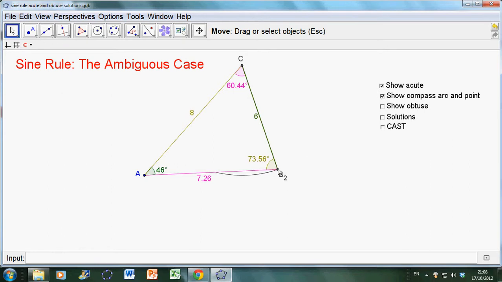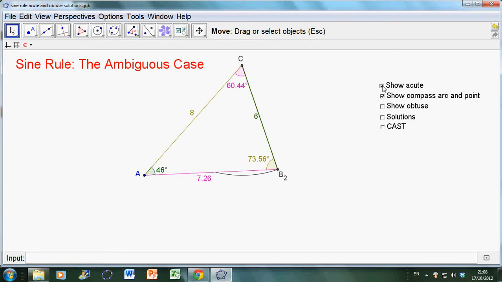So there's our arc, and over here is a second point. So we could redraw this triangle to be a different triangle, keeping the 8, the 6, and the 46, the ones that were given in the question, and we could get a second solution. So that's what we're going to look at now.